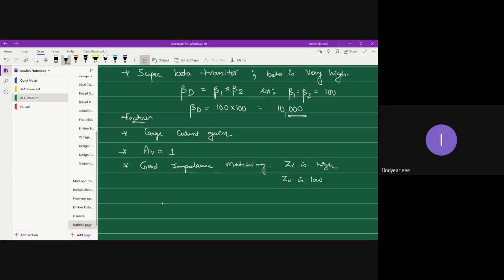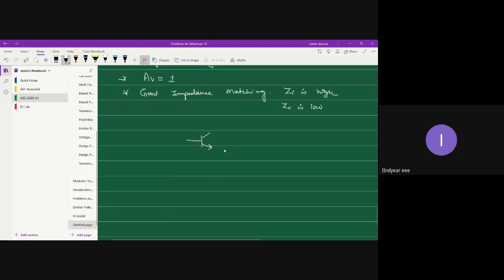Let's see how exactly it gives very high current gain. If you look at the internal circuit of the Darlington emitter follower, it looks something like this. The emitter terminal of the first stage is connected to the base of the second stage, and the two collectors are connected together.